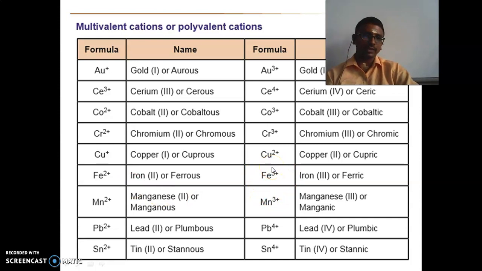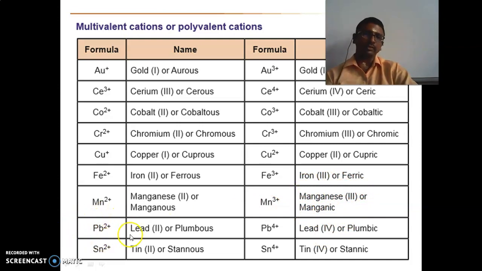Iron has 2 valencies, 2 plus and 3 plus. 2 plus means ferrous, 3 plus means ferric. That is iron 2 or iron 3, ferrous or ferric. Next is Mn2 plus or Mn3 plus. Mn2 plus means manganese 2 or manganous. Mn3 plus means manganese 3 or manganic.